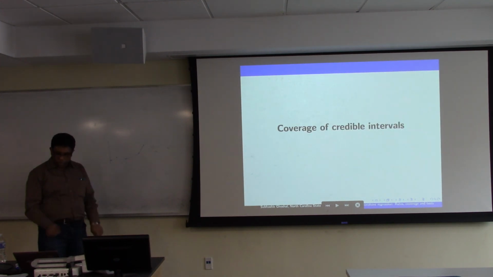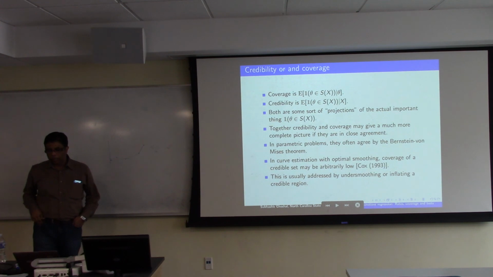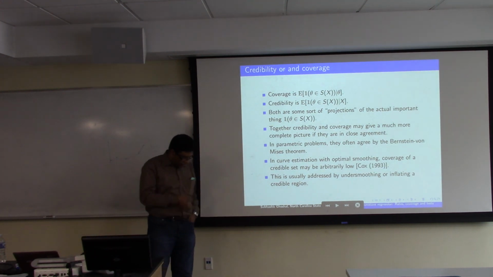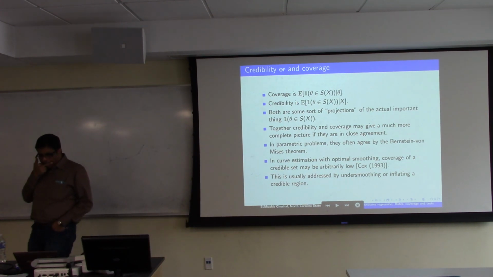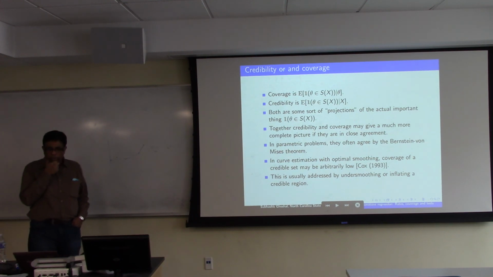But the more interesting part comes through coverage, the coverage of credible intervals. Here we fix a particular point and look at the Bayesian credible interval for the function value at that point. The question is, does it have frequentist coverage also?